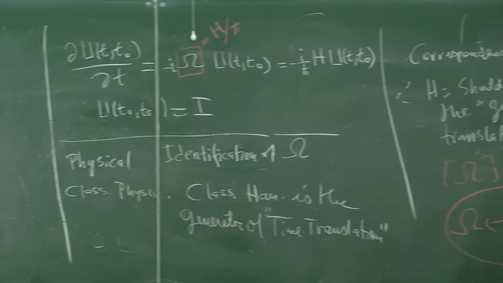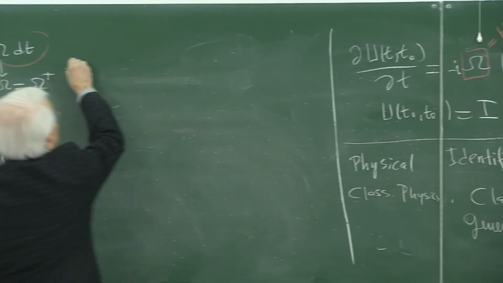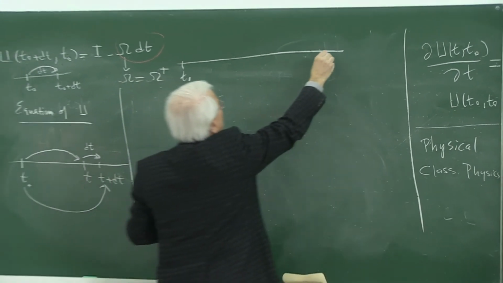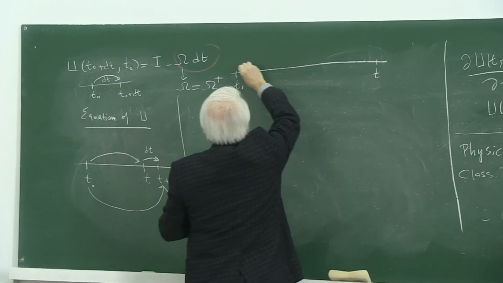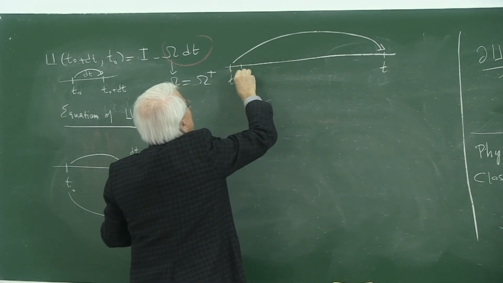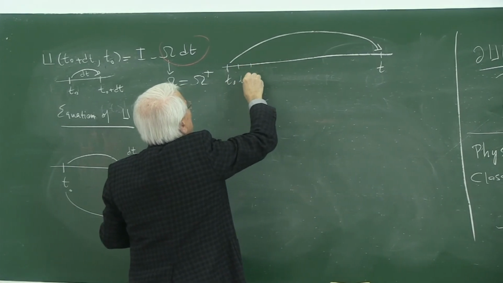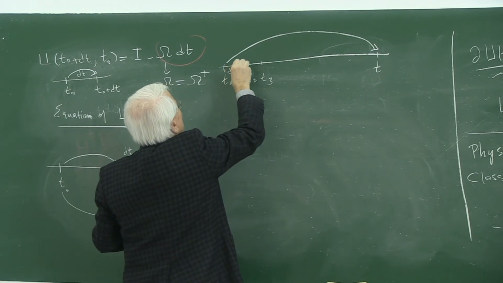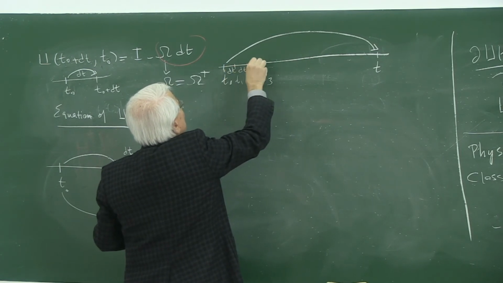So, how do I think of going from t0 to t, a finite transition? I subdivide it into equal segments of length dt, dt, dt.